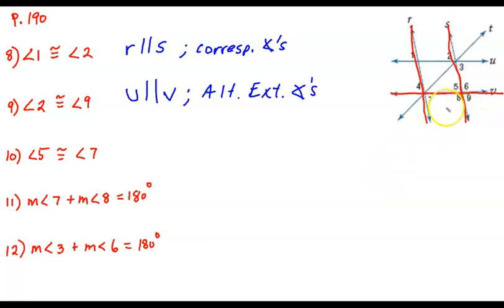All right, so that kind of highlights where they are. They are alternate interior on either side of that transversal. And so that's going to prove that R and S are parallel. And again, that's going to be alternate interior angles, converse.